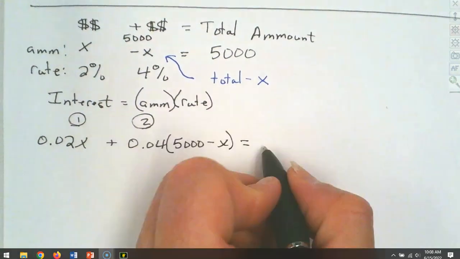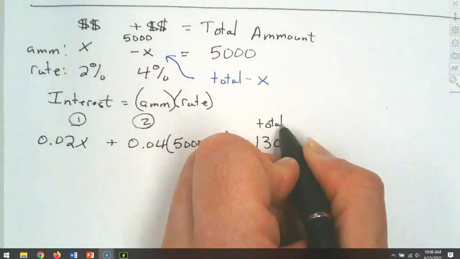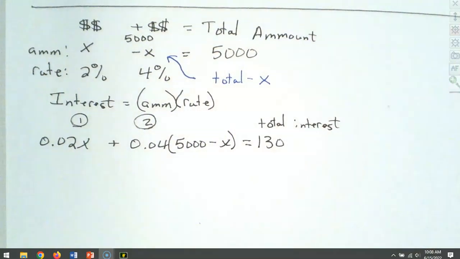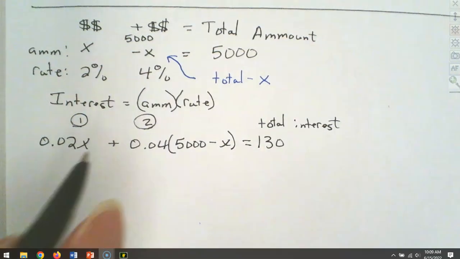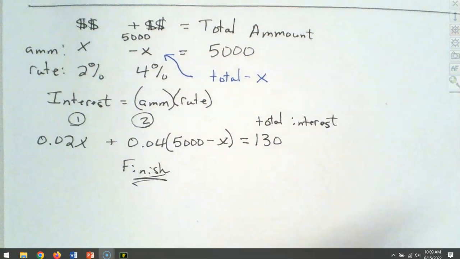It says we made $130, and that's total interest. So pretty easy on the setup there, and I think you can finish it from here. But I really want to make sure we know how to set these up. Now, there are different ones on your take-home exam, and there's one I do want to set up for you on that one as well.